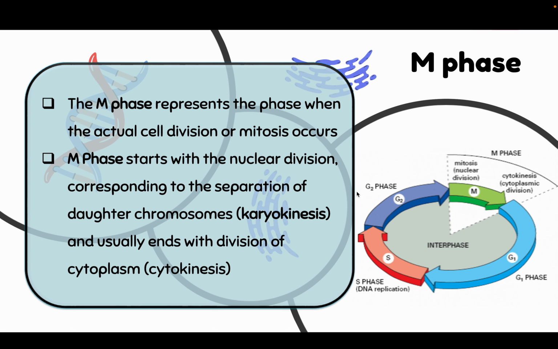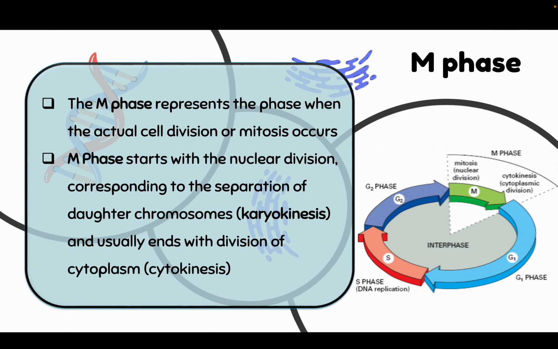Continue our recorded session on cell cycle. So we're now at the mitotic phase or the M phase, the cell division proper. The M phase represents the phase when the actual cell division or mitotic division happens. So it starts with a nuclear division.